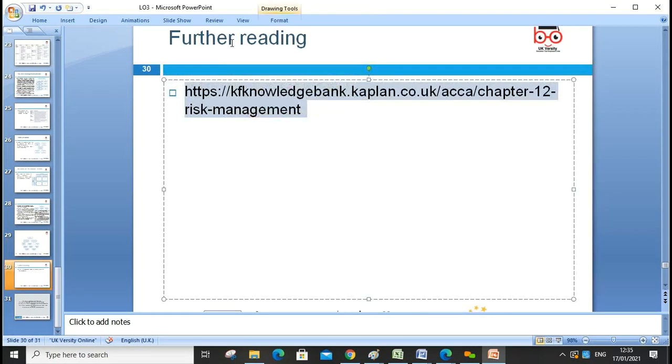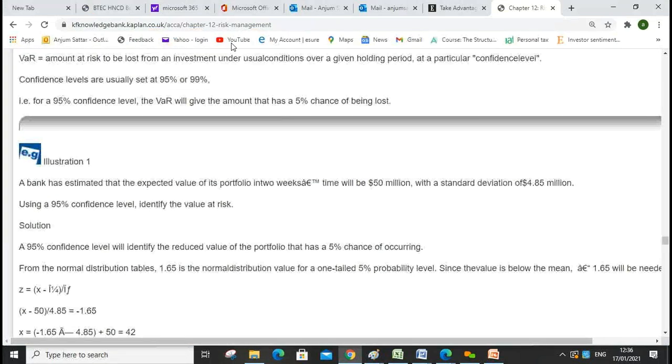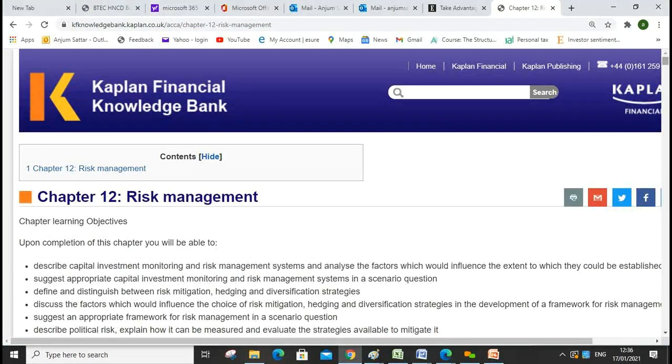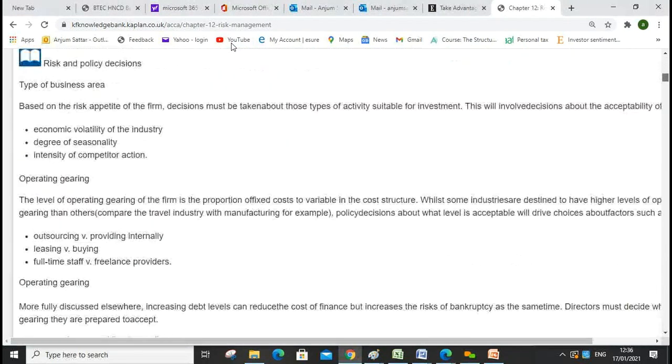That will help you explore further, because there are a lot of risk management approaches, and if you want to do the numerical side, you can. This is the document which I'm sharing with you, and there's a link there you can copy.